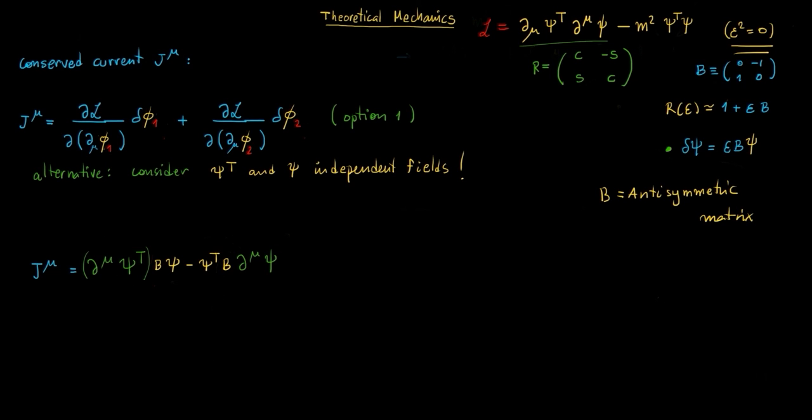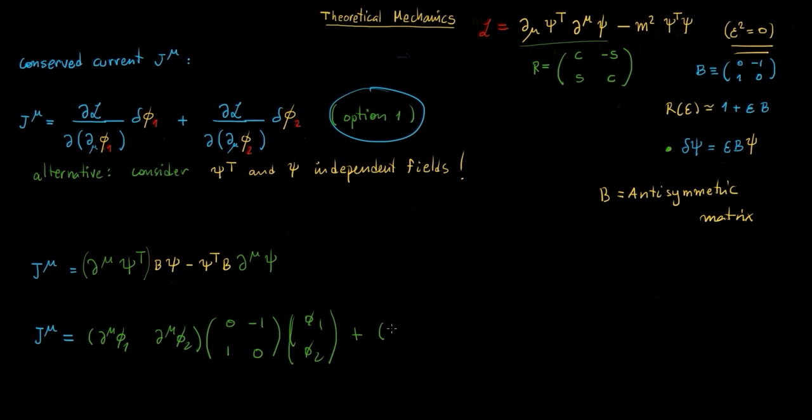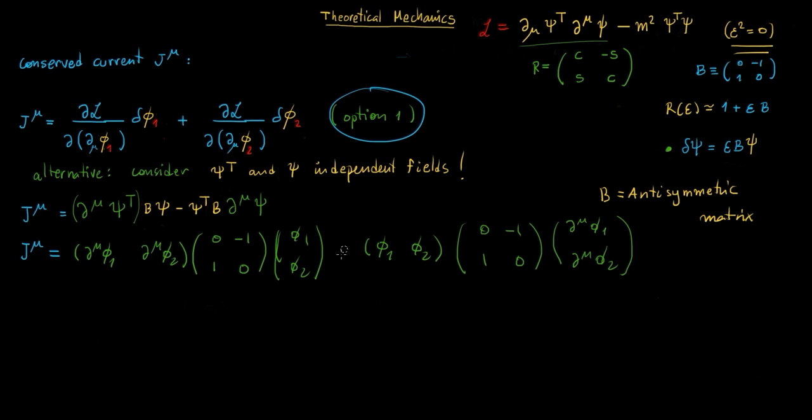Okay, let's check that this result coincides with the one we would have obtained with the first method. We can substitute directly the expression of the field, phi1 and phi2. Sorry, this is a minus sign.